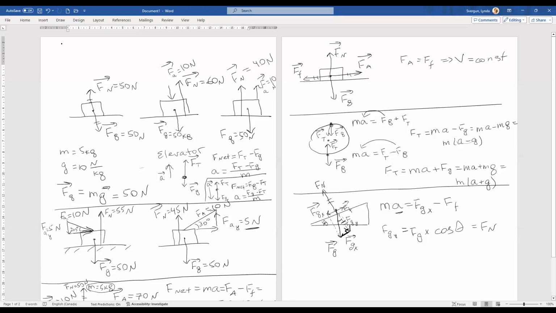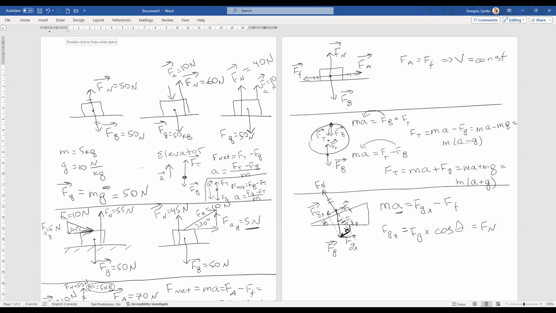So we make right angle triangle, so make perpendicular to normal. So this component of force of gravity is FGX. So it's perpendicular to normal. FGY is along the normal, and normal force will be equal and opposite to vertical component of force of gravity. So those two components are equal to each other.